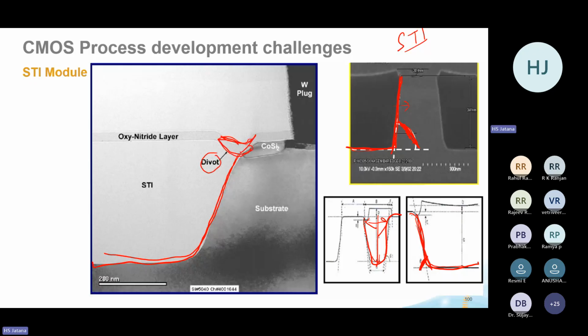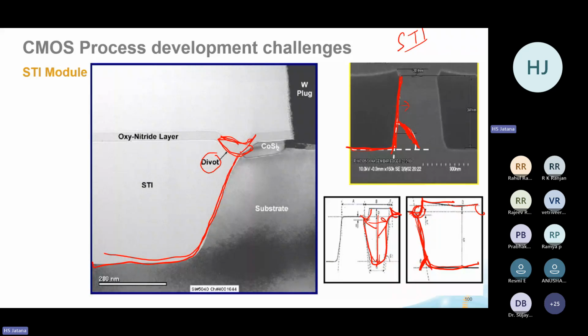You can see here, a divot will be there. So the second machine will take this as an identification mark, and it will know that between two divots, within this geometry, there will be a trench.